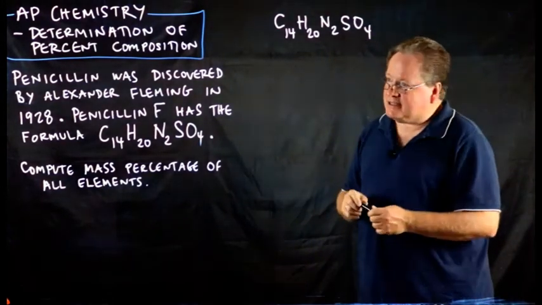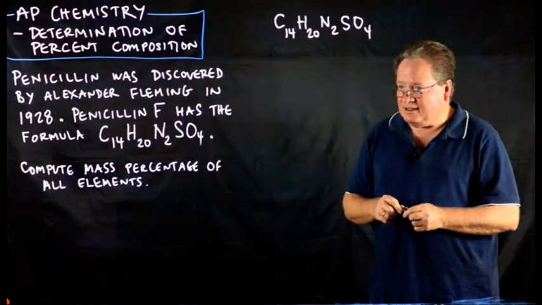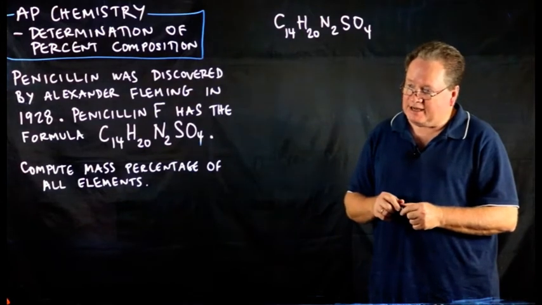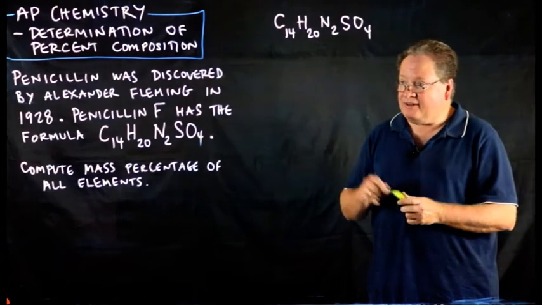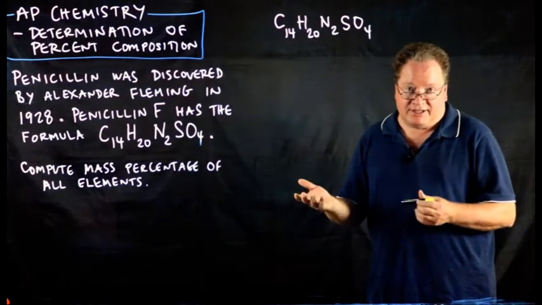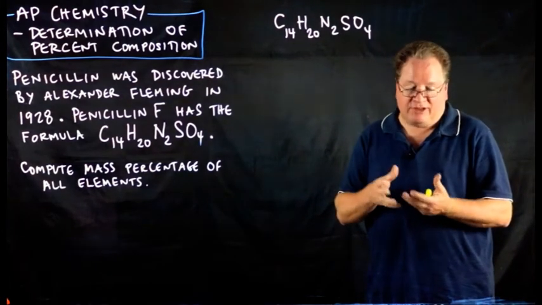So my example says that penicillin was discovered by Alexander Fleming in 1928. Penicillin F has the formula C14H20N2SO4. Kind of an interesting story with Fleming. He was a bacteriologist, and of course he would develop cultures inside of petri dishes.